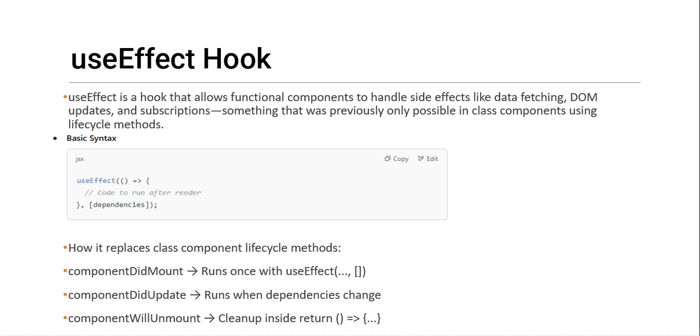Then componentDidUpdate is also replaced in the functional component with the help of useEffect. Once we use useEffect, in the second argument we put a variable. Once the variable is updated, then and only then will it update the component. And then the last one is componentWillUnmount.